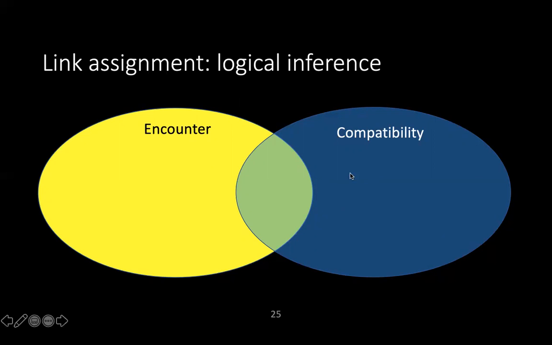And then compatibility is things like, do they have the same mouth parts that would actually allow them to consume it? Are they the correct body sizes to feed on each other, etc. Examples of things we thought about with encounter: what microhabitats are these animals living in? What times of day are they active? What is the feeding method?